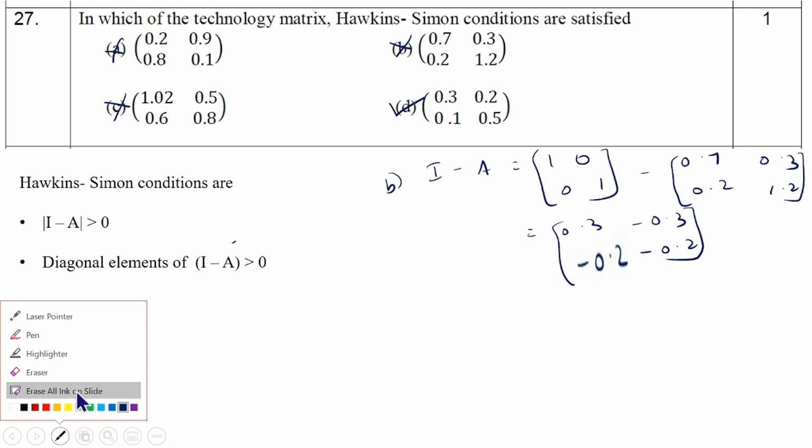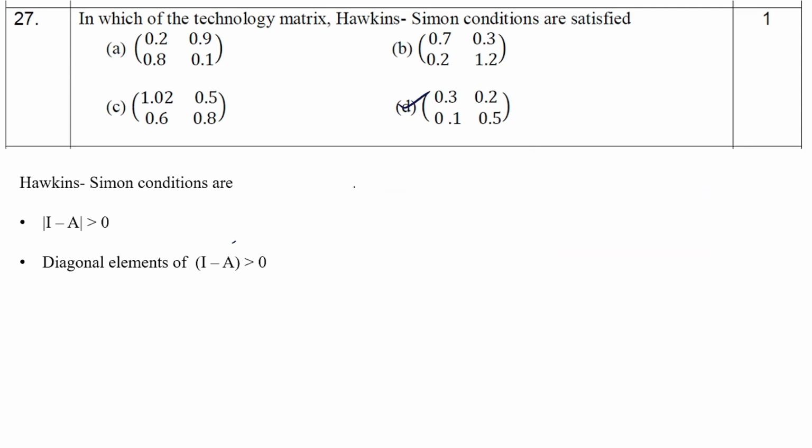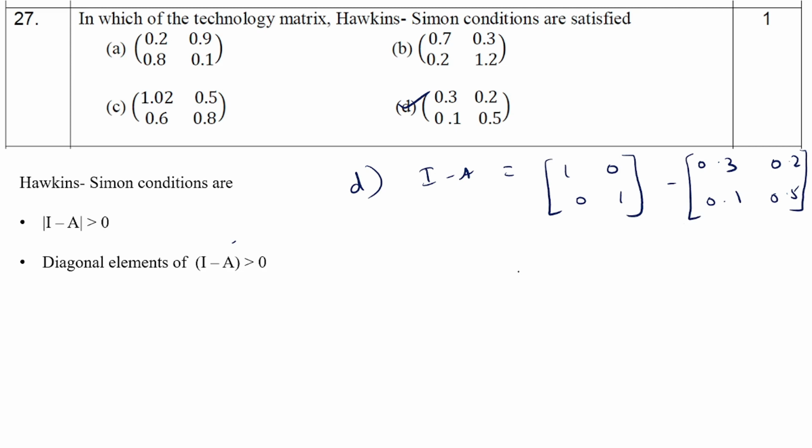So if we consider D, for option D, first let us find I minus A. It is 0.7, minus 0.2, minus 0.1, and 0.5.